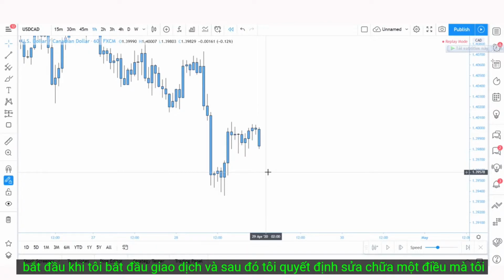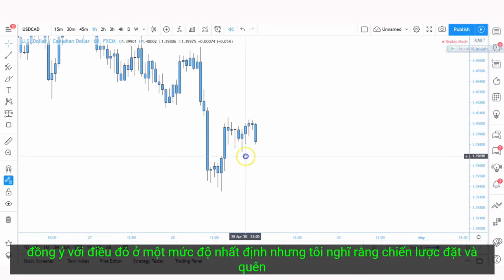Now, you all probably have heard about this, and most traders say just set your trade, let it play out, and whatever else. Well, I agree with that to a certain extent, but I think that the set and forget strategy personally is more for those that are not in control of their emotions. Because a lot of traders think to themselves, well, do you know what?